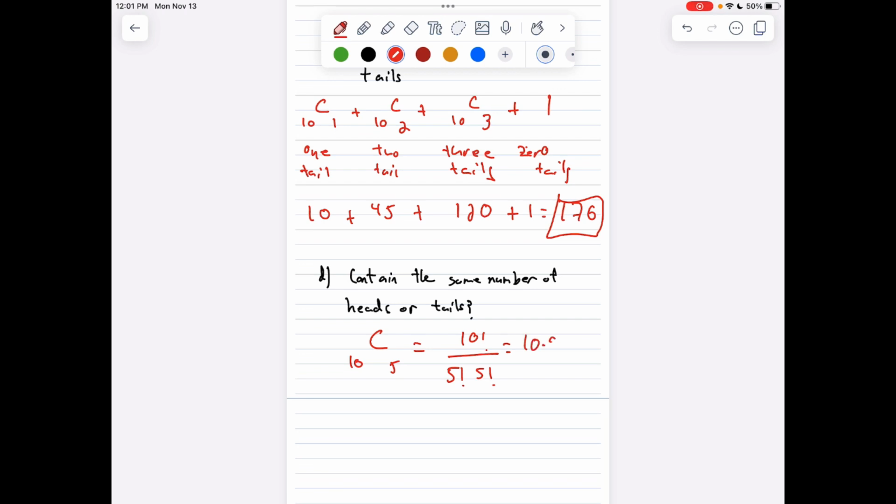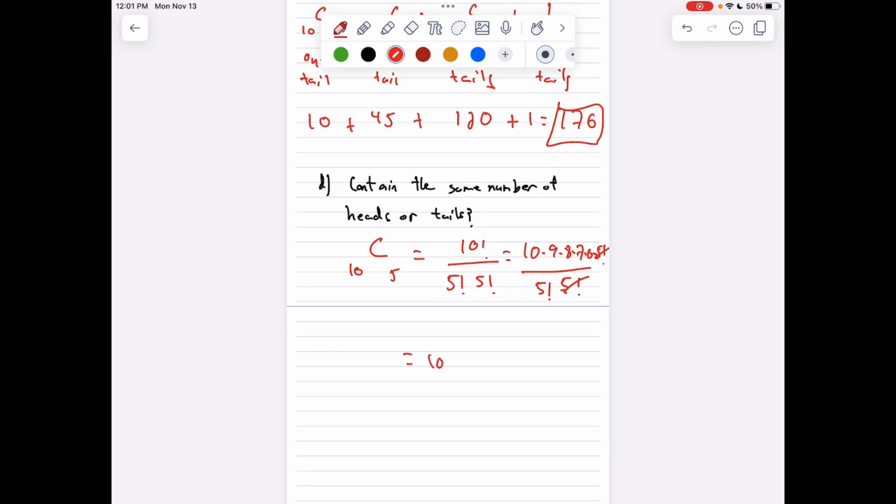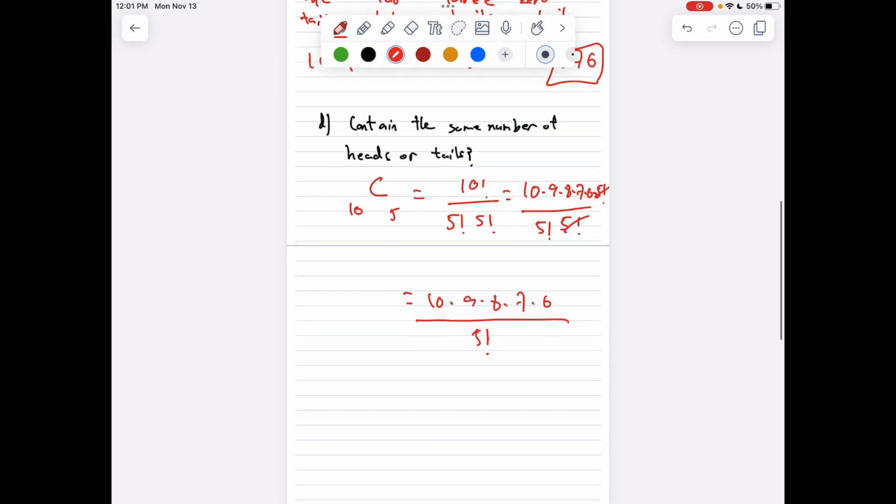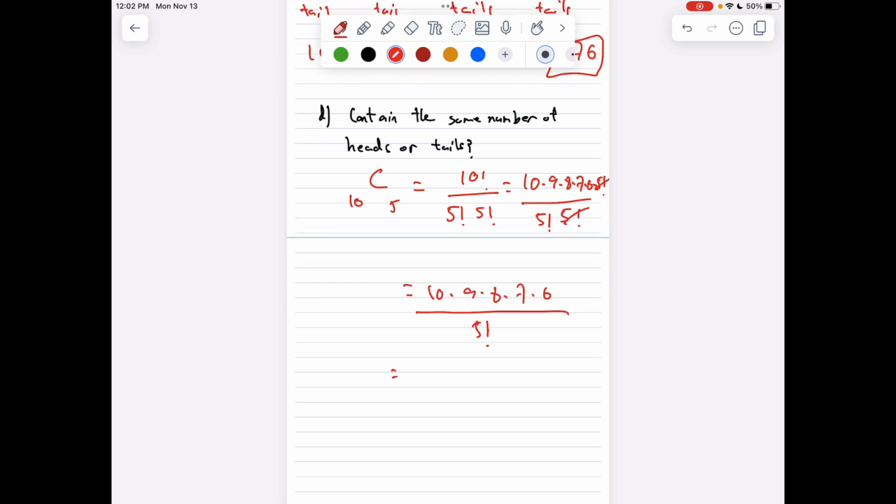And then this would be 10, 9, 8, 7, 6, 5 factorial over 5 factorial twice. And then you would get 10 times 9 times 8 times 7 times 6 all over 5 factorial. And yes, you can go ahead and calculate this out.